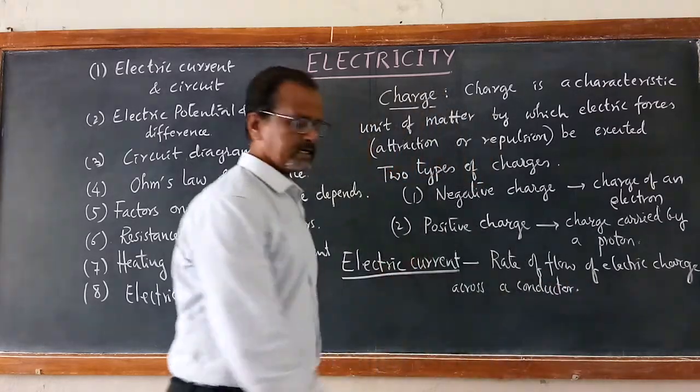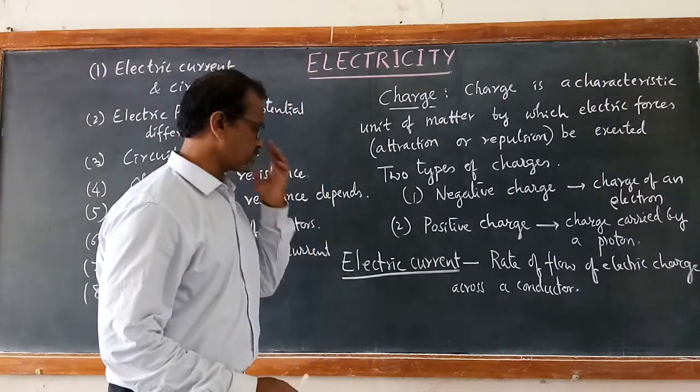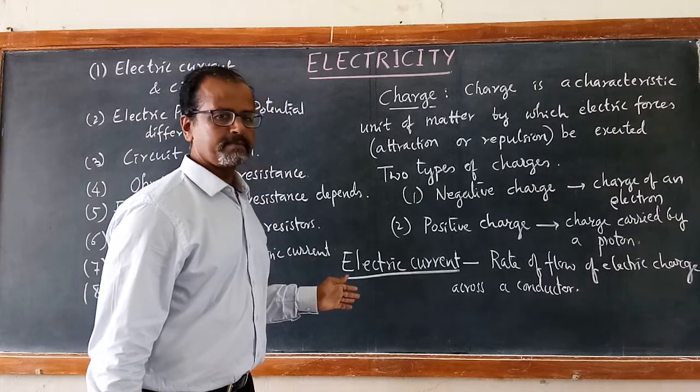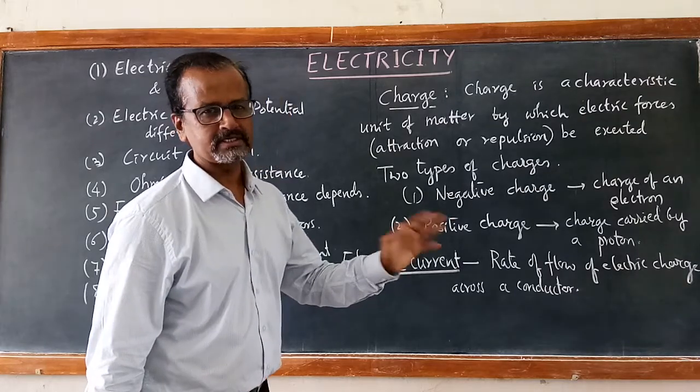It is called electric current. In a more specific manner, this can also be defined as the amount of charge flowing per second per unit cross sectional area.